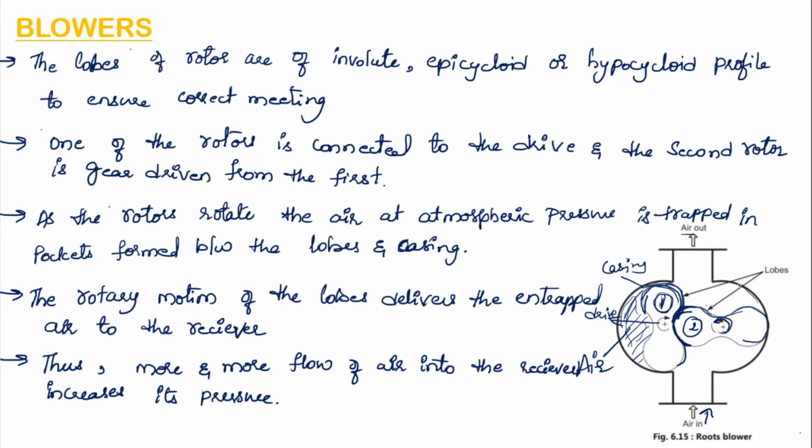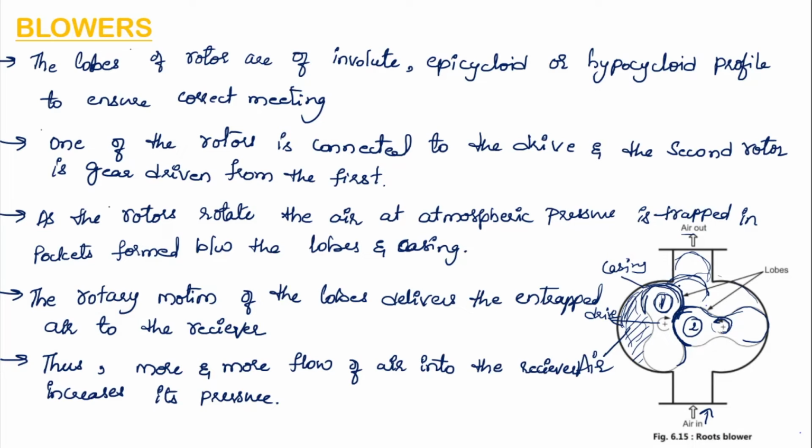If it is rotating in this way and the lobe is moving away from this outlet portion, then some air from the receiver will flow back into the compressor. So air which is going out will flow back into the compressor pocket, that is here in this portion. This is termed as the backflow process.